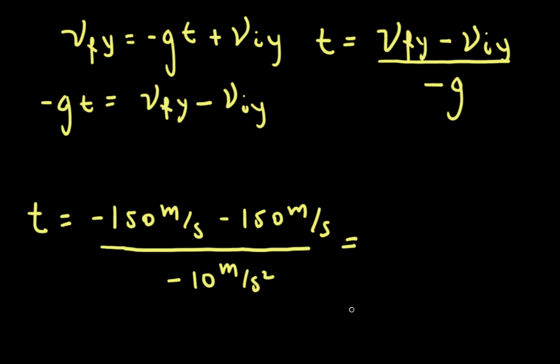If you carry this calculation out, meters per second minus meters per second is meters per second, divided by meters per second squared, we get seconds, which is great, which is what we're looking for. Now, this is minus 300, and minus 300 divided by minus 10 is 30. So this is 30 seconds.